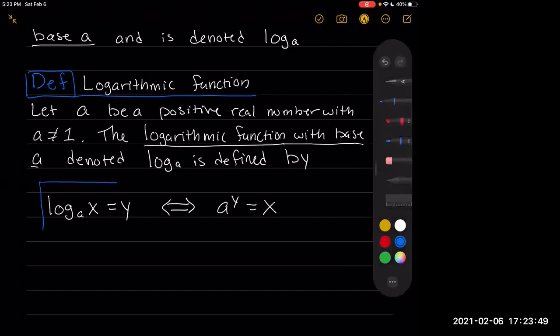So this is the main point of this definition.